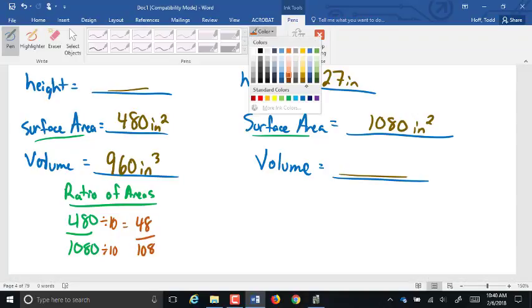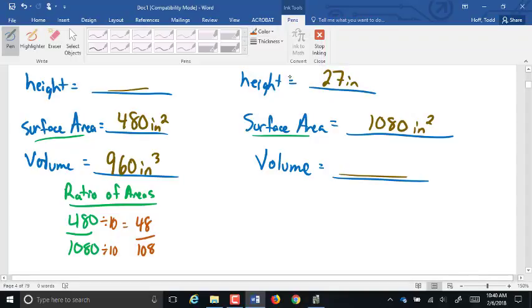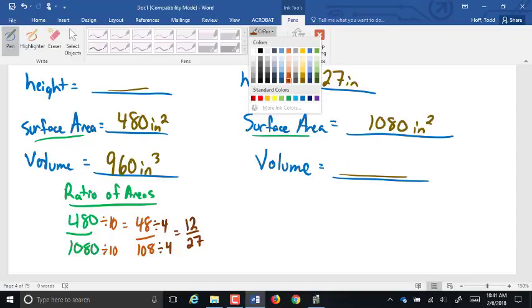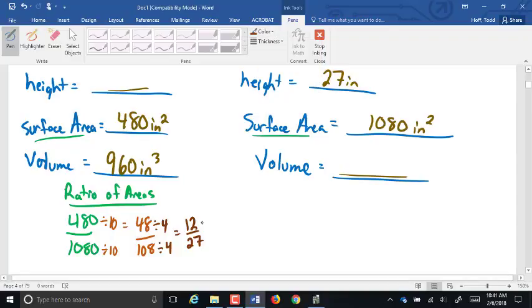They can still both be divided by, let's try 4. 48 divided by 4 is 12. 108 divided by 4 is 27. Can they still be divided? They can both be divided by 3. Gives us a 4/9 ratio, correct? That's our ratio of areas.